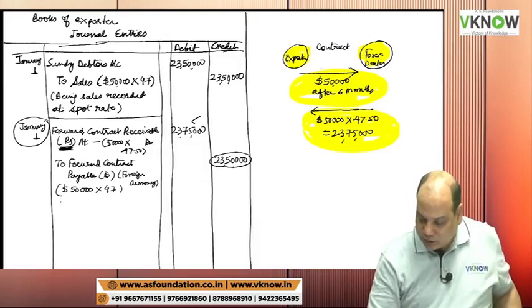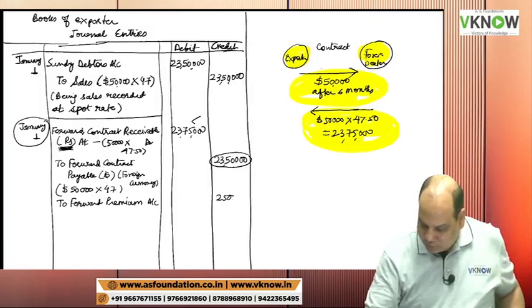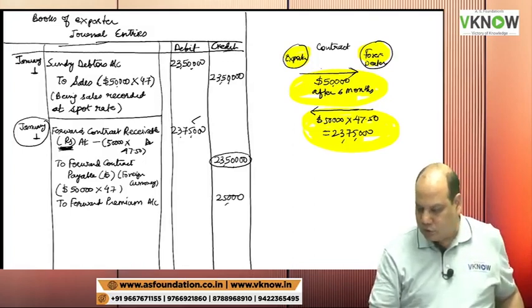The difference we will call to forward premium account, 25,000. Automatically the difference of 25,000 has come.